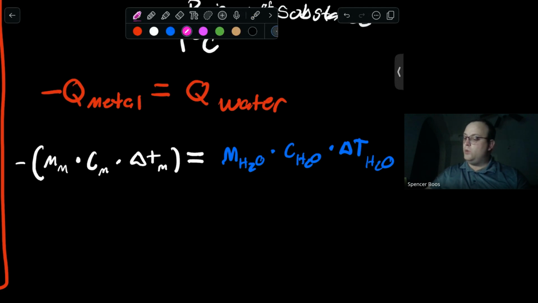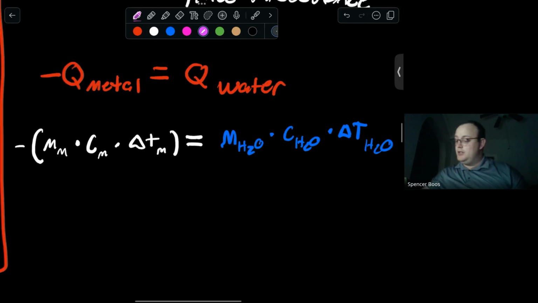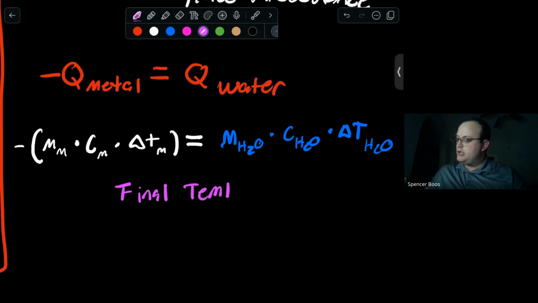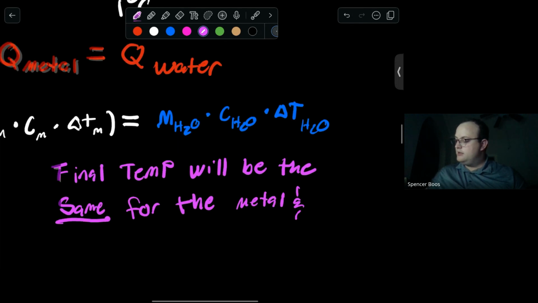I do want to note one more important thing about this formula, before we move into our next topic, which is going back to H plus and OH minus, that the final temperature will be the same for the metal and the water.